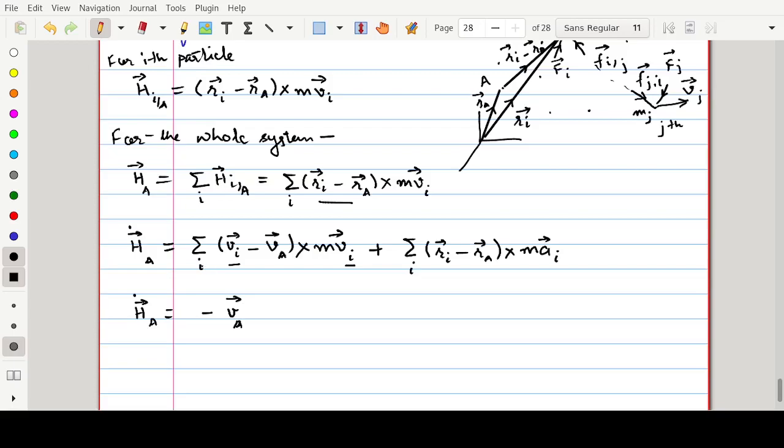Constant in the sense that it does not change with i. This is mi, this is mi, mass of the ith particle, that has to be there everywhere. This is also mi. All right.